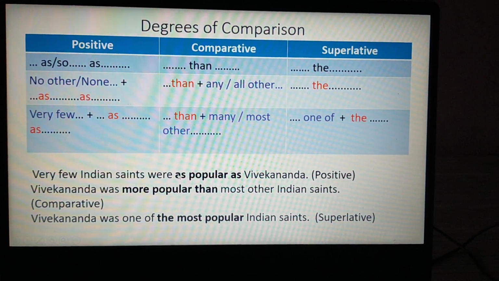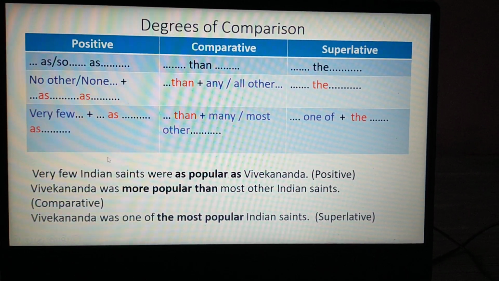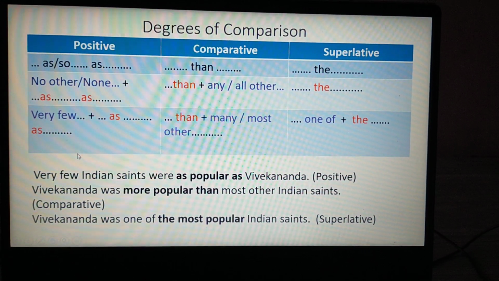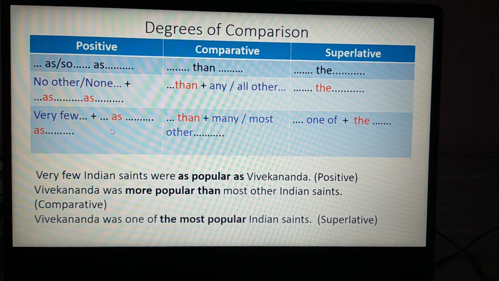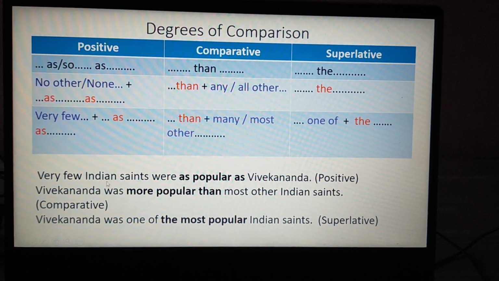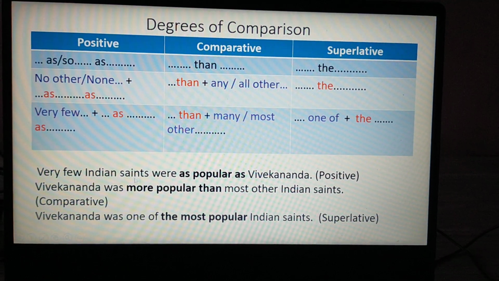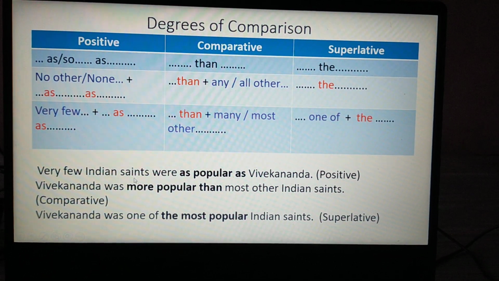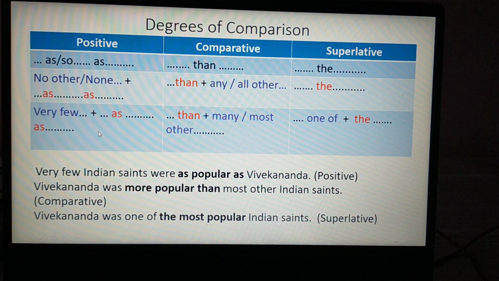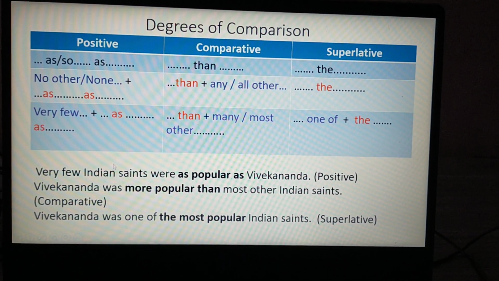Another thing you'll notice, like I told you previously, is that with very few we have to use a plural noun. You can see saints, it's a plural noun.